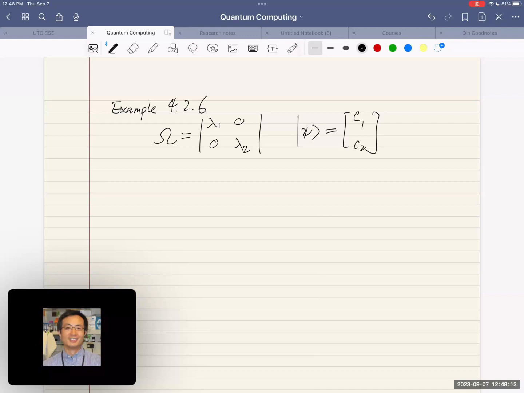I have to search for this in the book example. Oh, I see. I found it. Okay. Example not 4.6, 2.5. Let's use 2.5. My mistake.